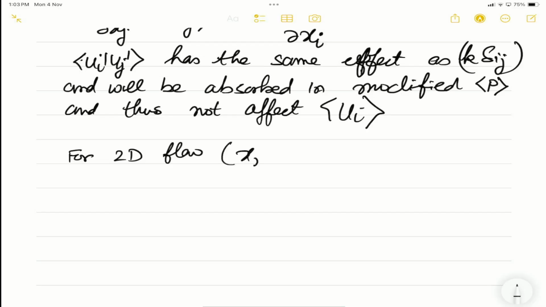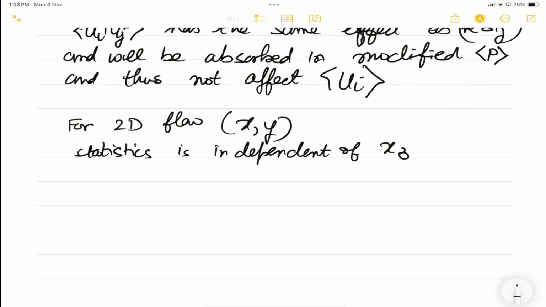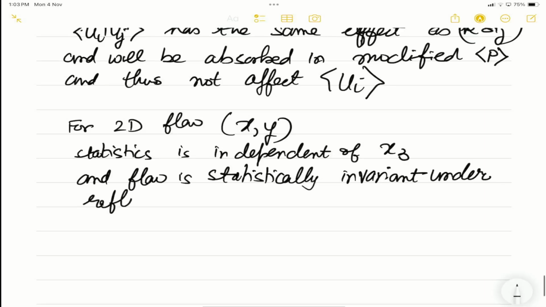Consider a two-dimensional flow in the xy direction, where the statistics are independent of x3 and the flow is statistically invariant under reflection about x3.